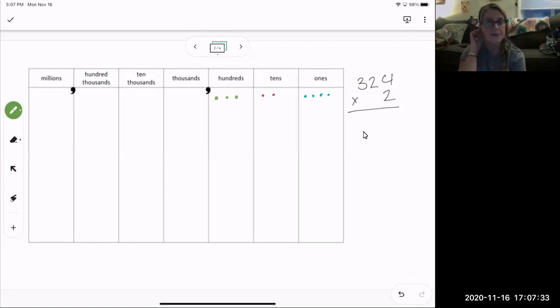So I have represented 324 once on my chart. I have 3 100s, 2 10s, and 4 1s. Now I'm going to represent it again because we are multiplying by 2. So we want to show it twice. We want to represent 324 twice.